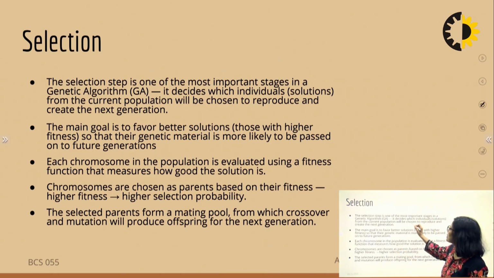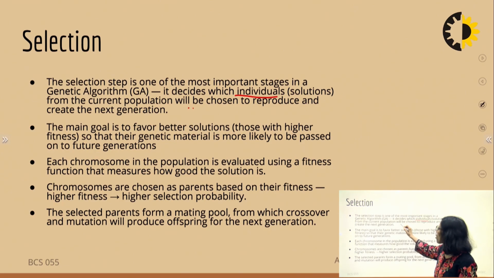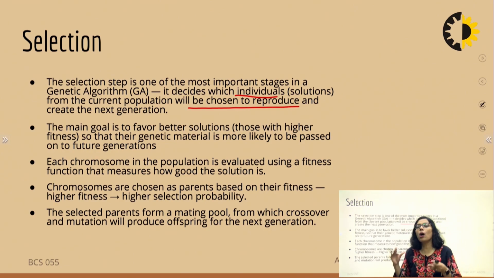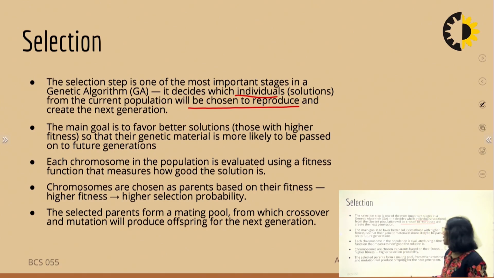So in selection, it decides which individuals from the current population will be chosen to reproduce and create the next generation. The main objective is to favor the best solution. So whatever solutions we are seeing now, we have to select the best from them and use them to create future generations. The chromosomes are chosen as parents based on their fitness: higher fitness, higher selection probability.